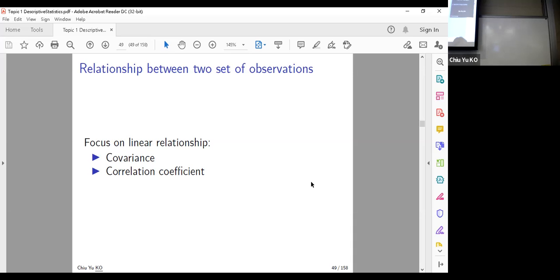For example, look at the income data. We divide people from different education backgrounds: people from primary school, secondary school, college, people with postgraduate degrees. We also have people of different gender. So for a single individual, we have two sets of observations.